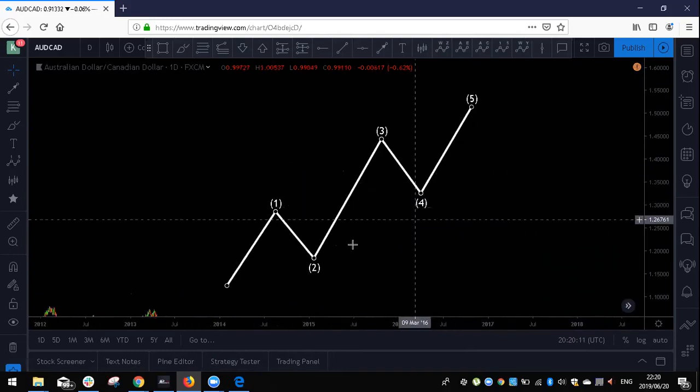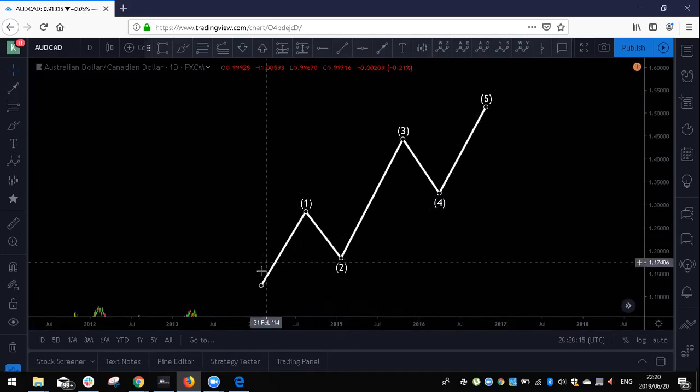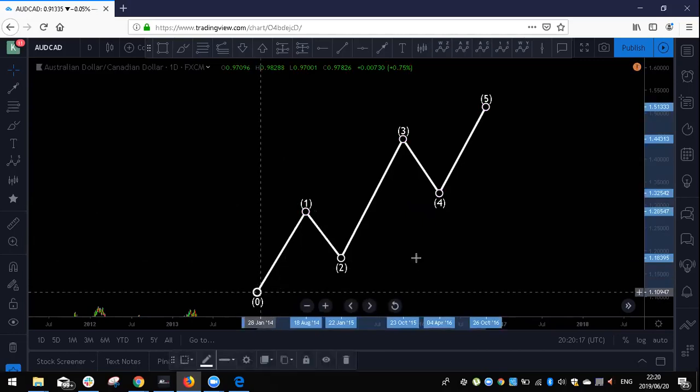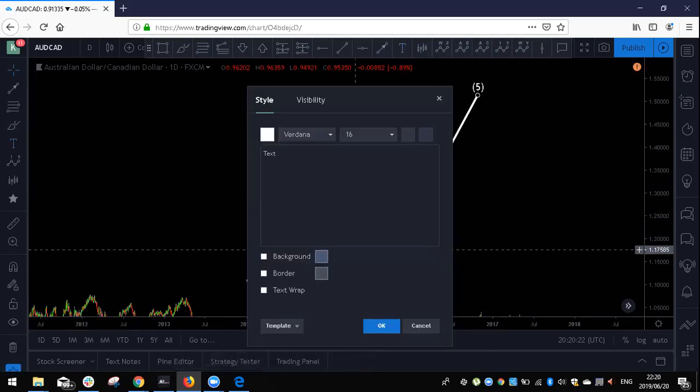So we have a 5-wave move like this. We don't have a rule for wave 1 because that is where everything starts. So we have a rule for wave 2.